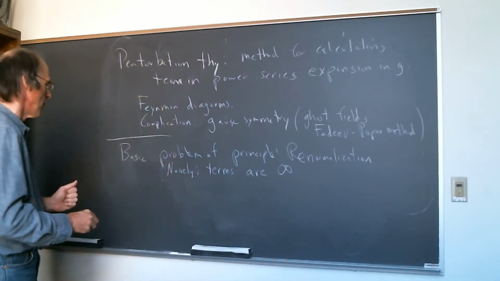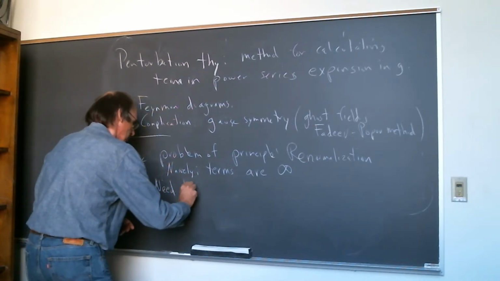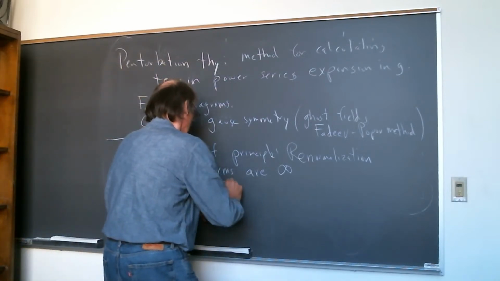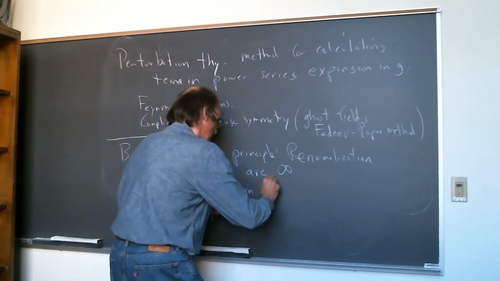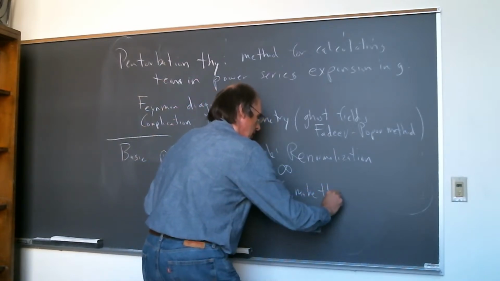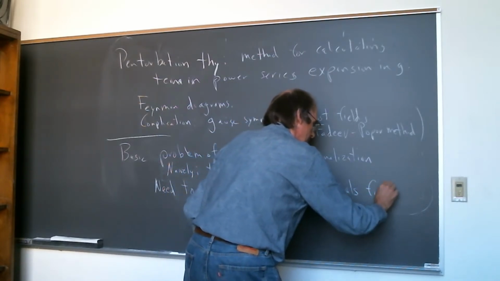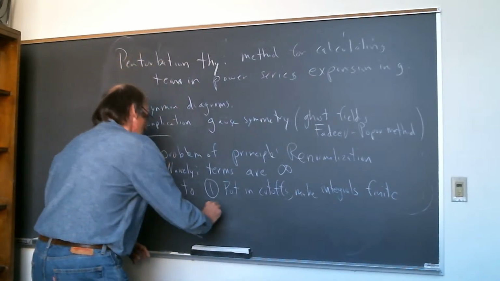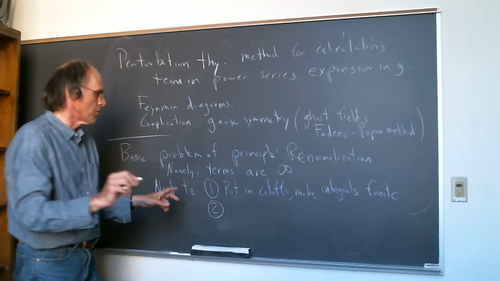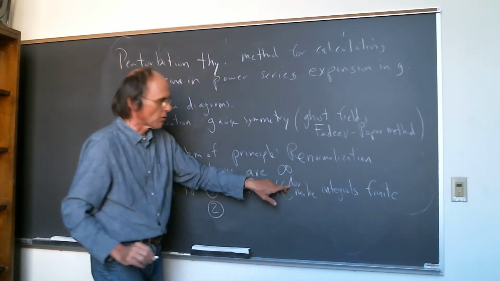What you basically need to do is put in cutoffs, make the integrals finite, and then take the limit. In particular you need to put in some number, call it lambda UV.